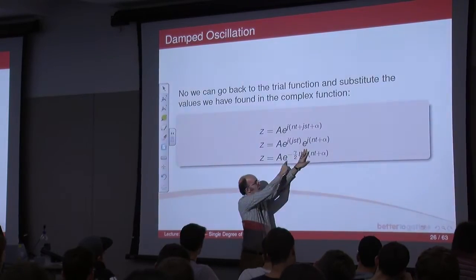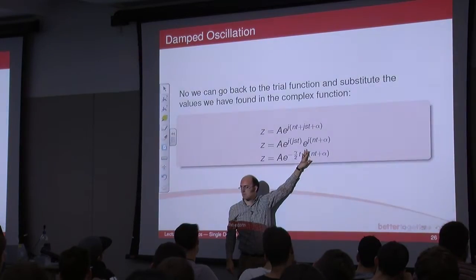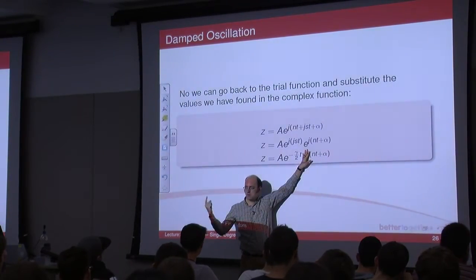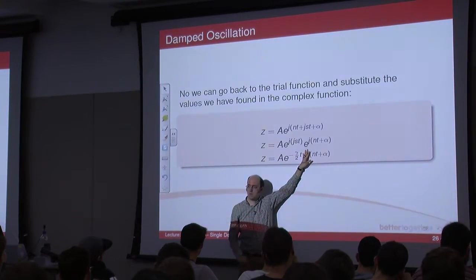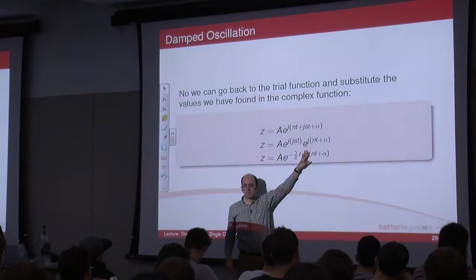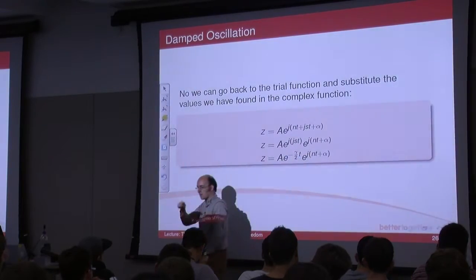This one, what's going to happen as t goes up? When t is 0, what's the e to the 0? 1, okay? As t goes up, what happens to that term? It goes down. There's a minus sign here. It's a decaying exponential, okay?